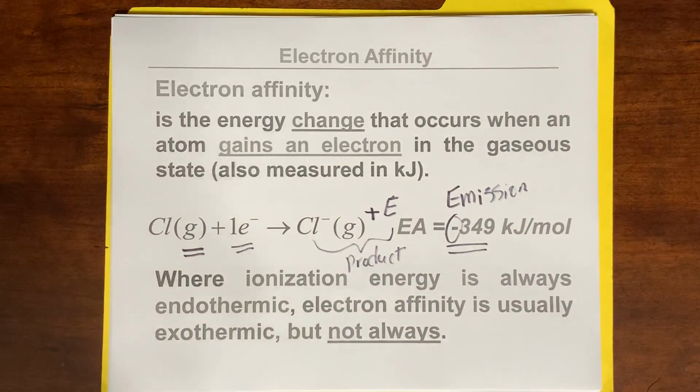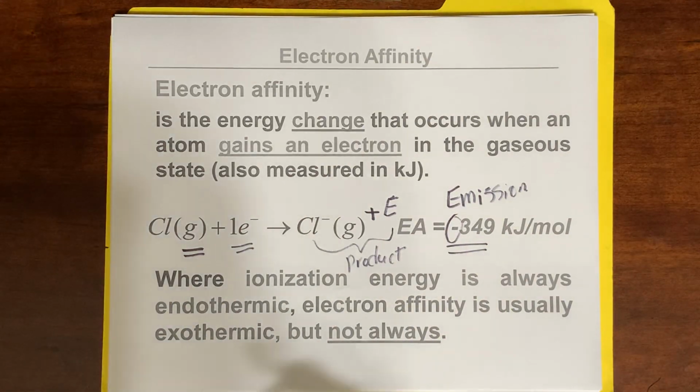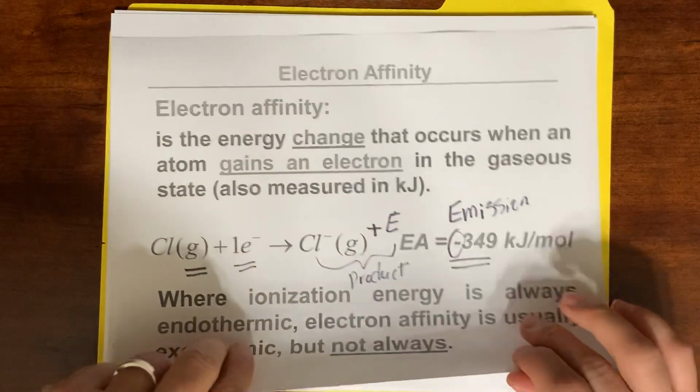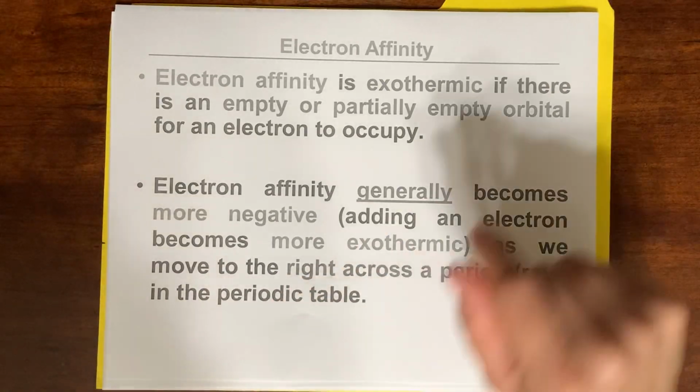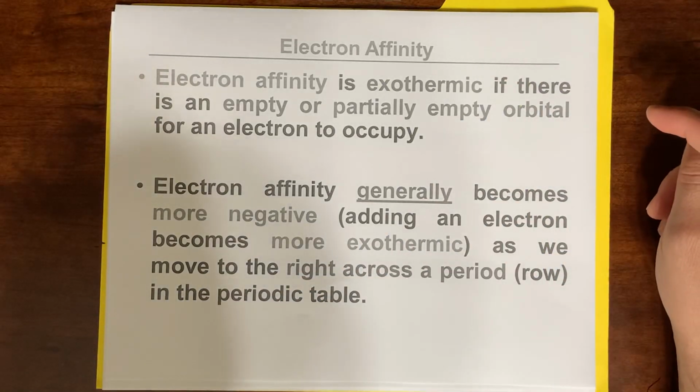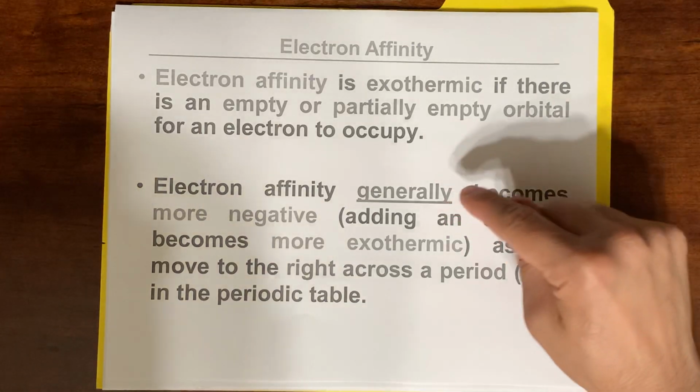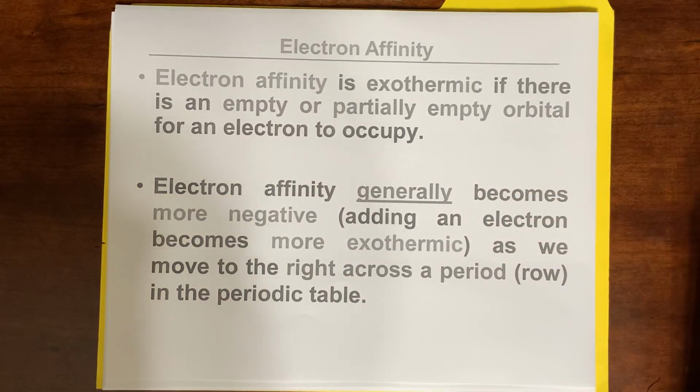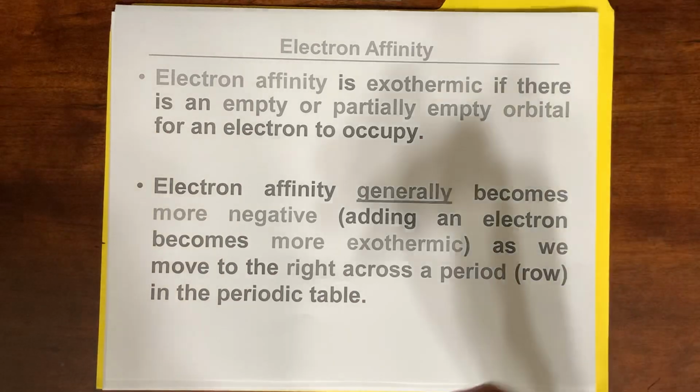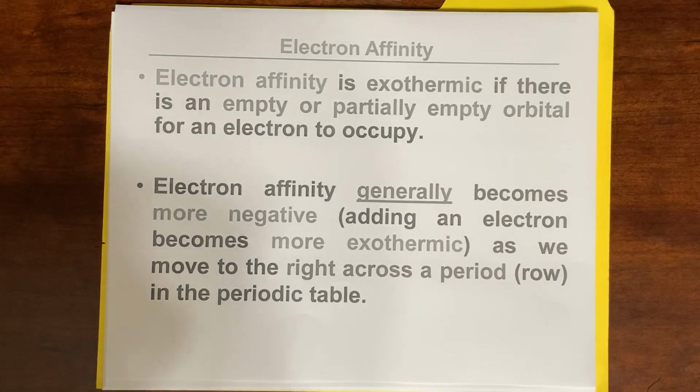Okay, let's see the trend for electron affinity. Electron affinity is an exothermic process. Electron affinity generally to the right side is getting more negative. Down in one group it is getting more positive.